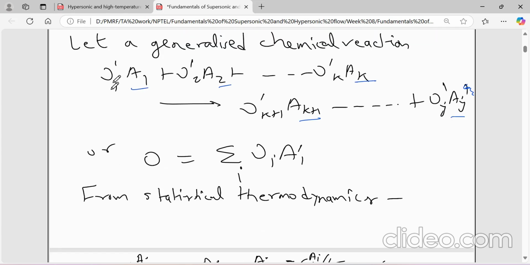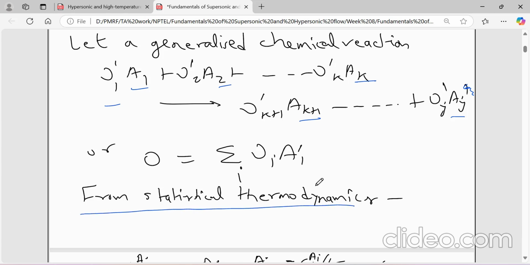Now we will take all the terms to the right hand side. So we can write this chemical reaction as 0 equal to sigma i nu i Ai, where the terms nu i dash have only positive values, but nu i can have positive or negative values both.